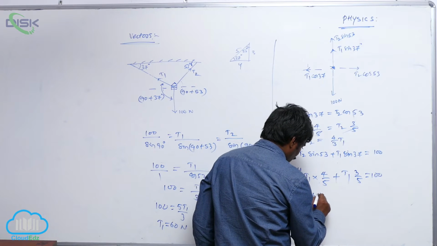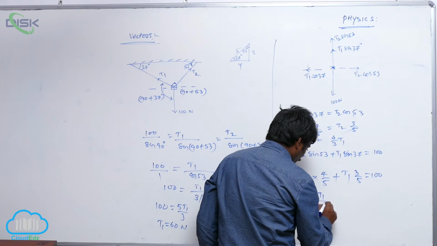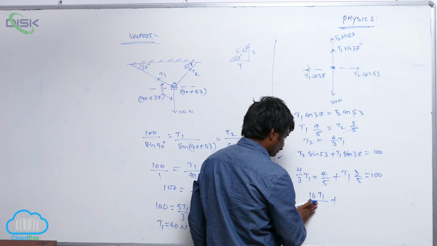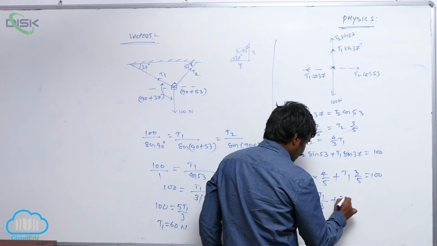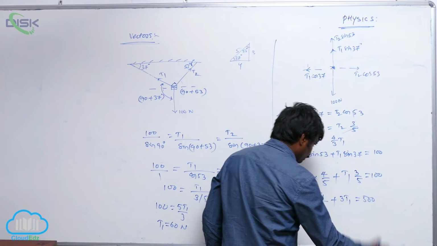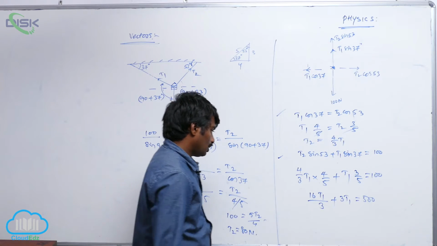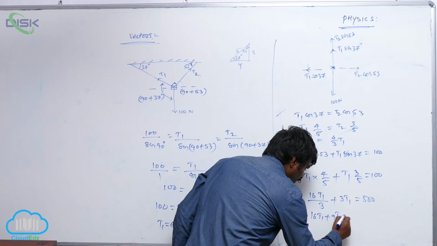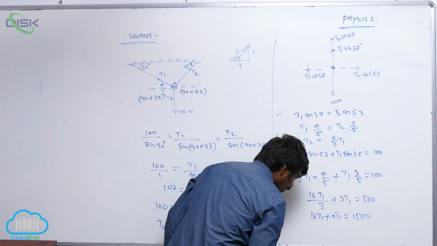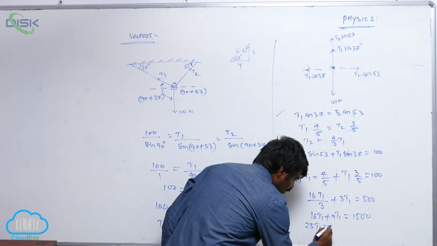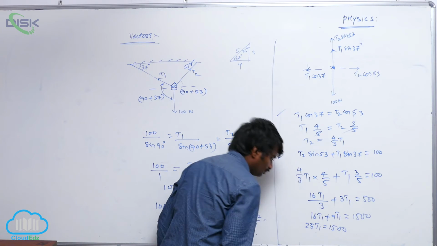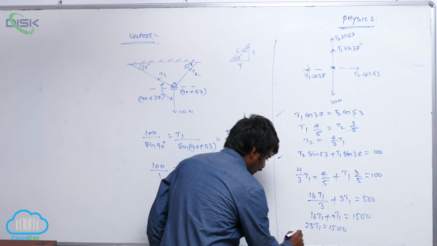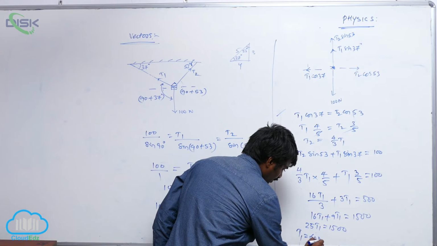So 16 T1 by 15 plus you can take 3 and 3 T1 is equal to 500. Now 16 T1 plus 9 T1 is equal to 1500. So 25 T1 is equal to 1500. So what you are going to get? T1 is equal to 60 Newton.